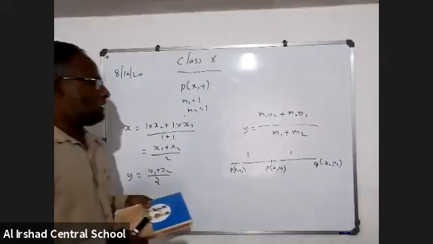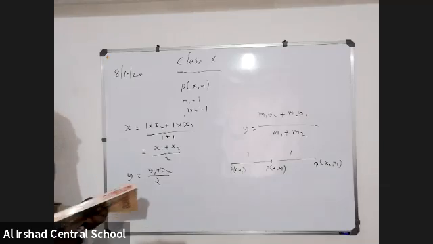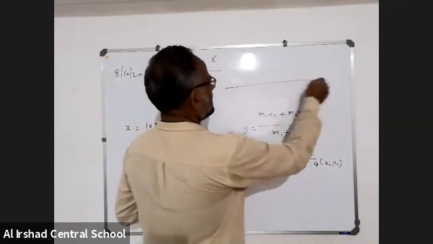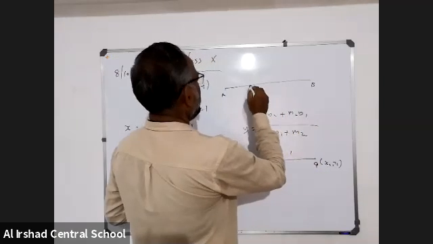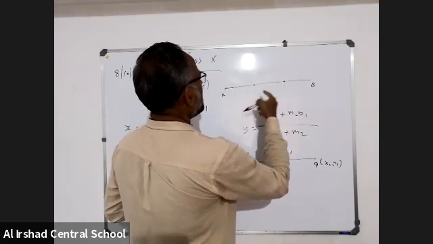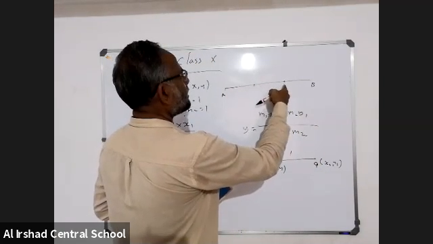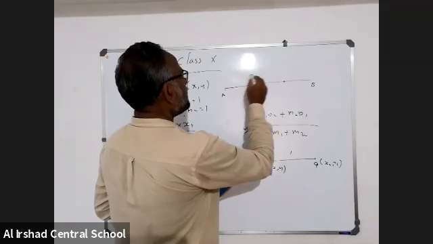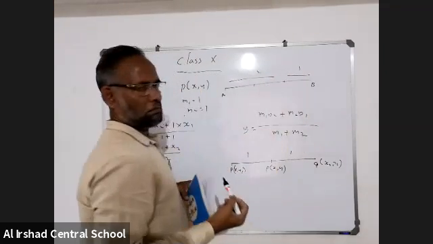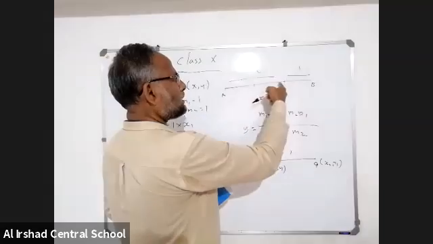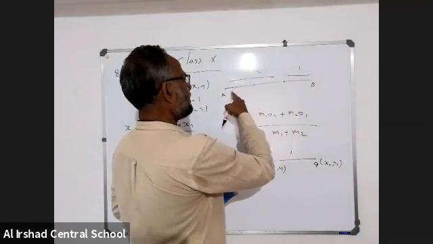Okay, fine. Now trisection means we can extend this one. Suppose this is A, this is B, and 1 part, 2 parts. Here we are getting 2 parts and this is 1. 2:1. We can find them. Then after that, if you are clever, you can make a bisection here.